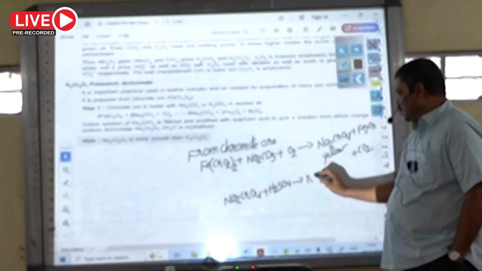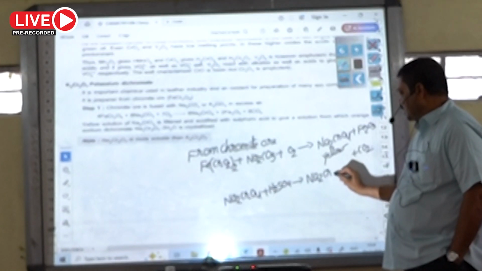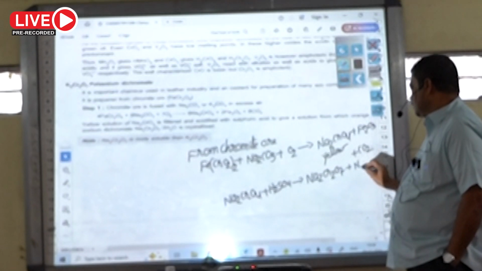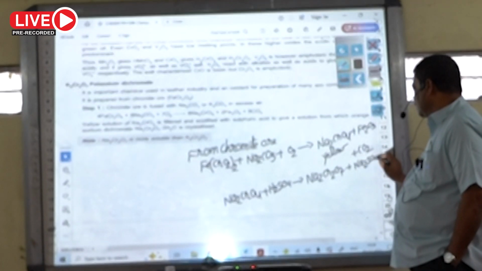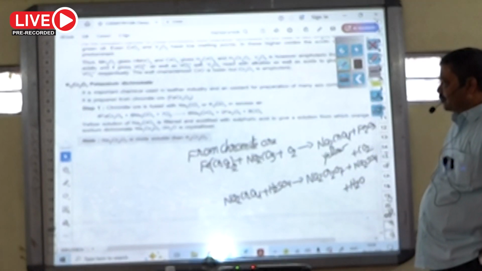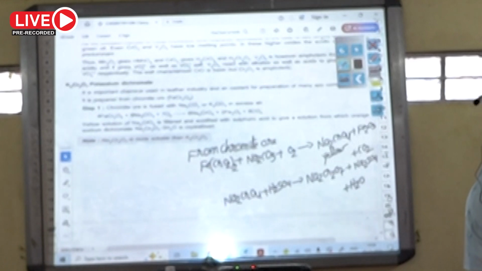It converts into sodium dichromate. This is the second step. From chromite ore, 4 FeCr2O4 plus 8 Na2CO3 plus 7 O2 gives sodium chromate, yellow color, plus Fe2O3 plus CO2.